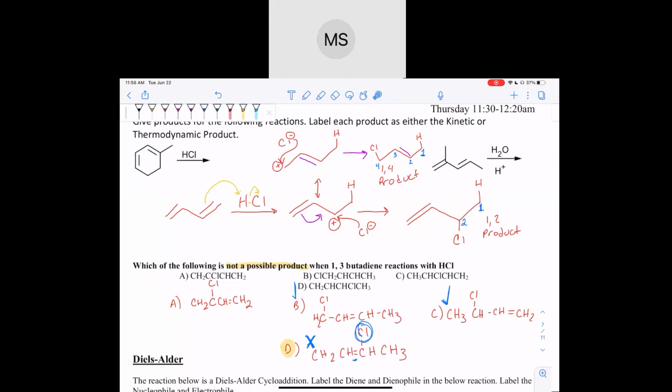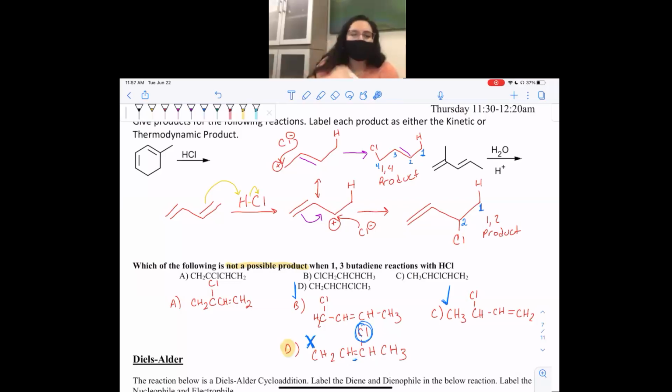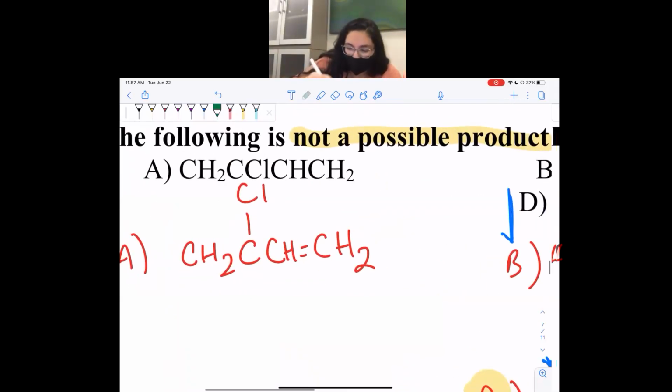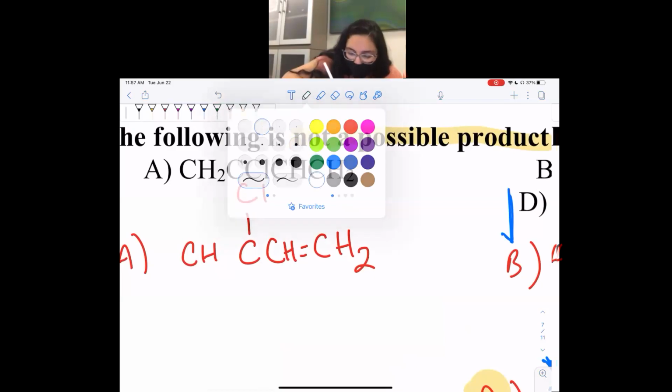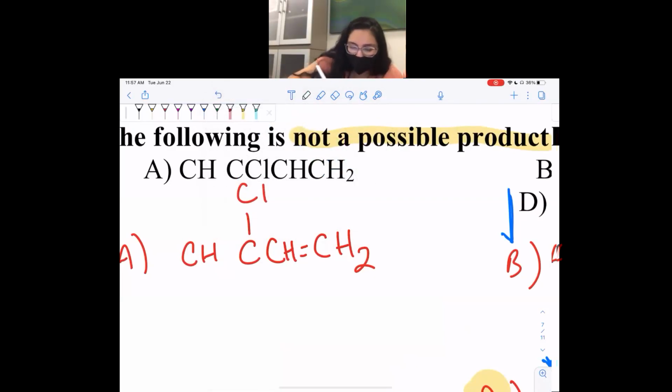Shouldn't there, on A, the last one be a CH3 then and not a CH2? Yeah, I think that's why I got confused. I think I just made a mistake when I was making the handout, so let's just fix that.